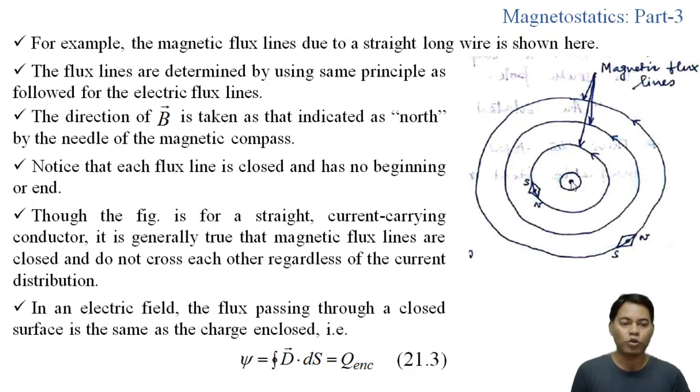Suppose this dot, by convention a dot with a circle, represents a current carrying conductor through which the current is coming out of the page.